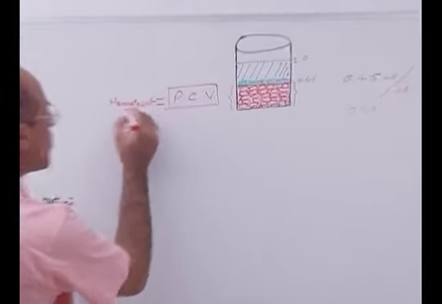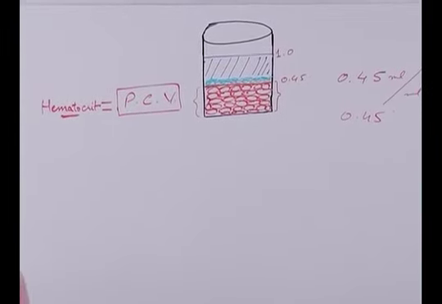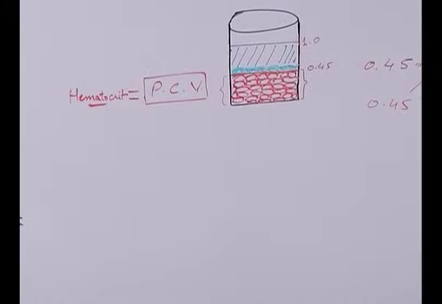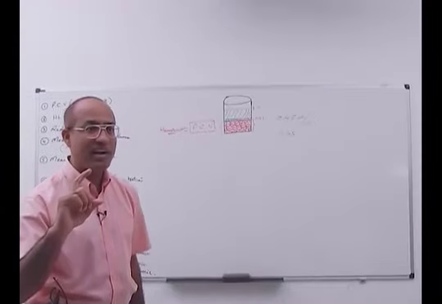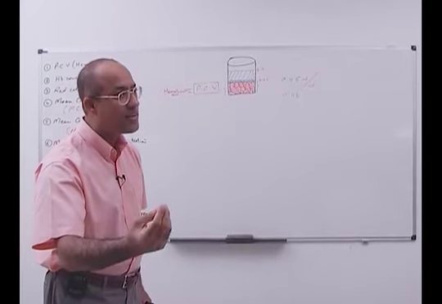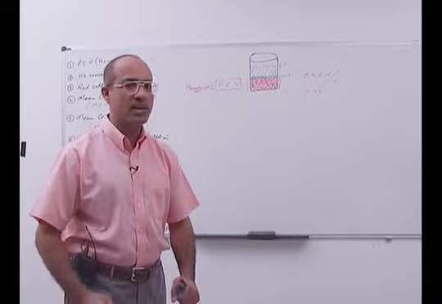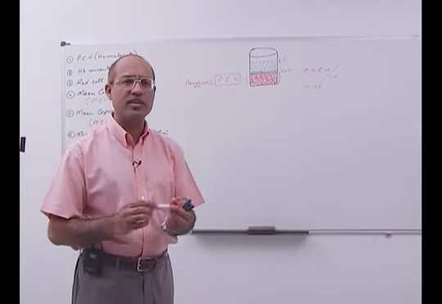So what is hematocrit? If I say my friend has hematocrit 0.4, it means in his blood 40% of the volume is occupied by red blood cells. If I say there is a person who has very severe anemia, I say his hematocrit is 0.3.